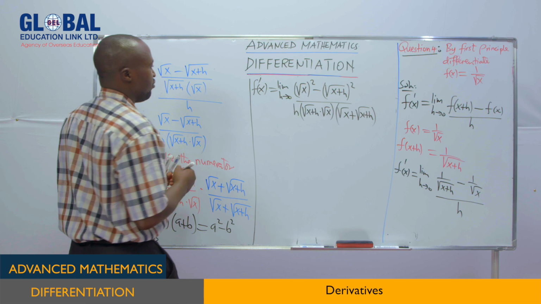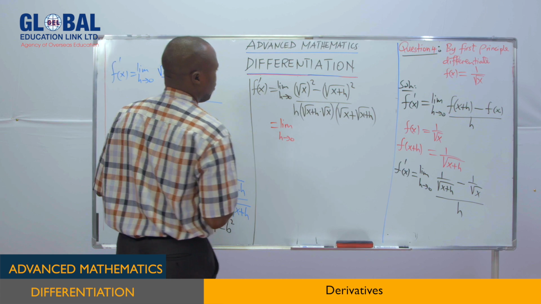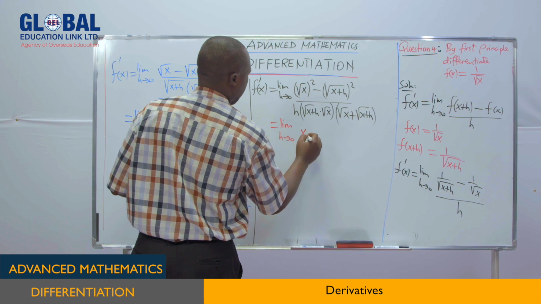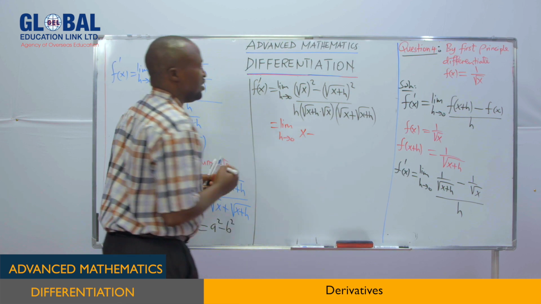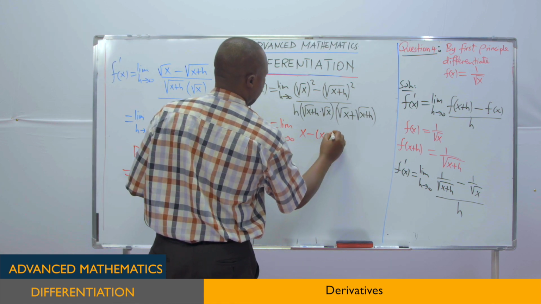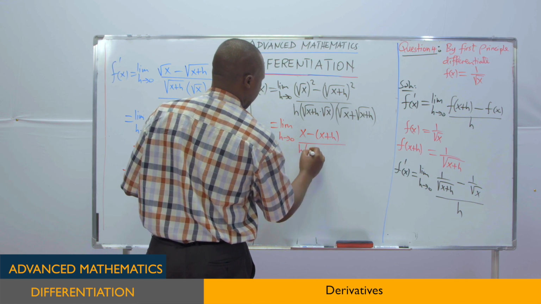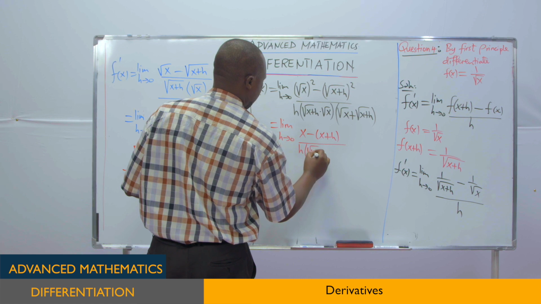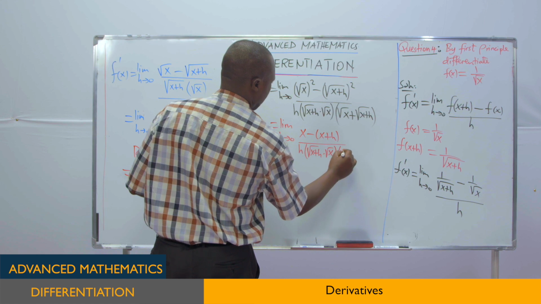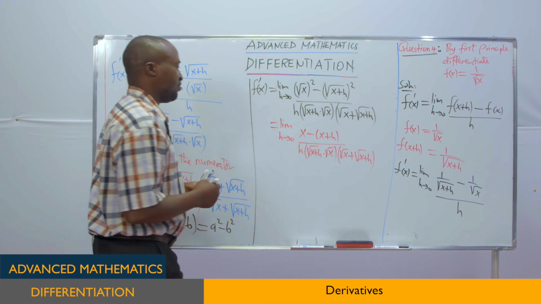So, my dear student, here we have the limit of, as h approaches to 0, square root of x squared. This one is the same as x minus, that is, the square root of x plus h squared. That will be minus x plus h. Then over h bracket of the square root of x plus h times square root of x, then again square root of x plus the square root of x plus h.